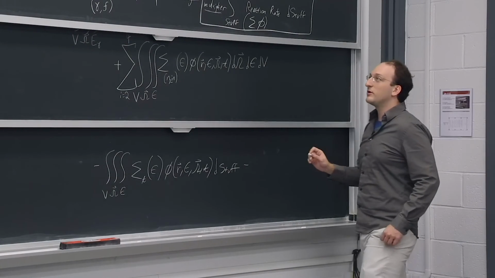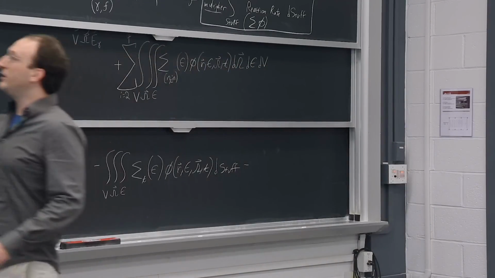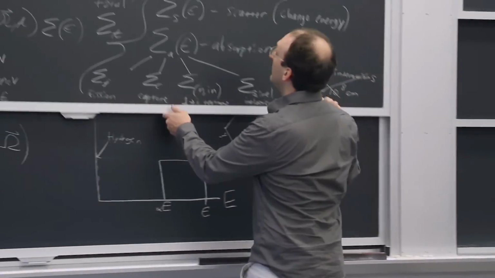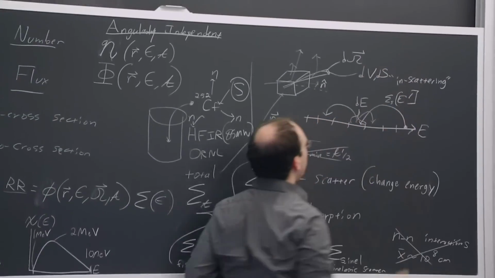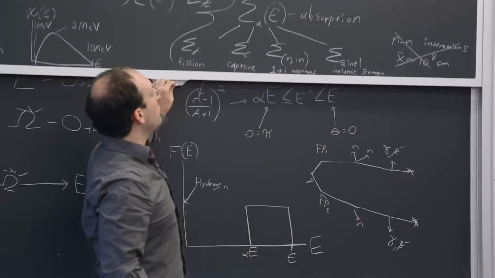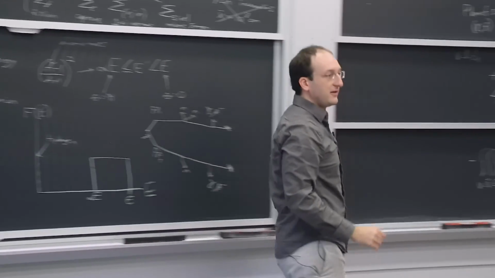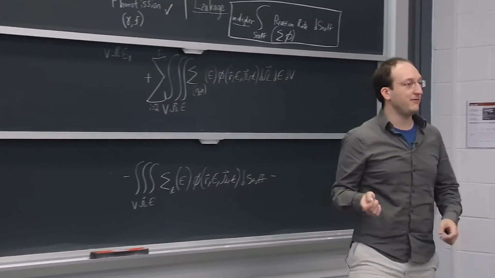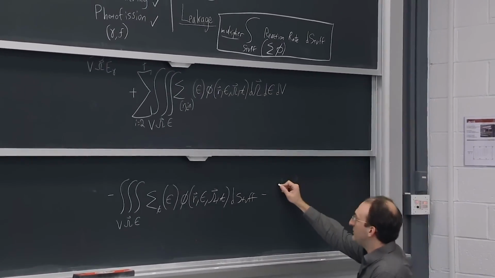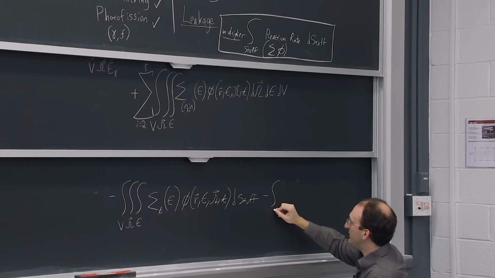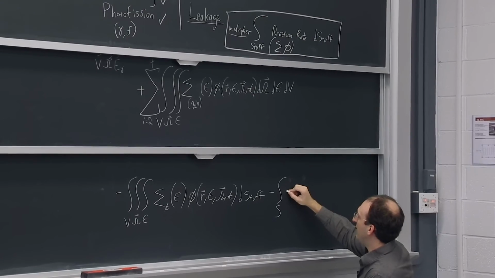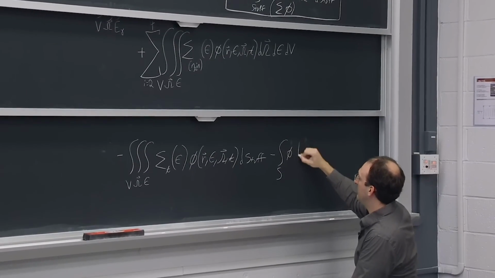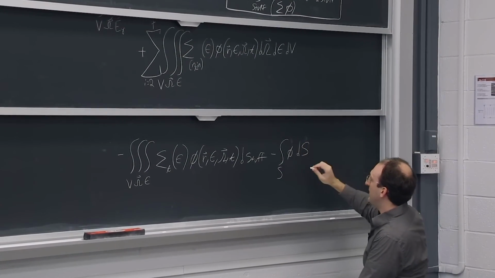And in this case, we're going to say that our little volume element also has a surface to it. And if the neutrons leave the surface, then they leave the volume. So in this case, we'll have a surface integral of our neutron flux, ds.